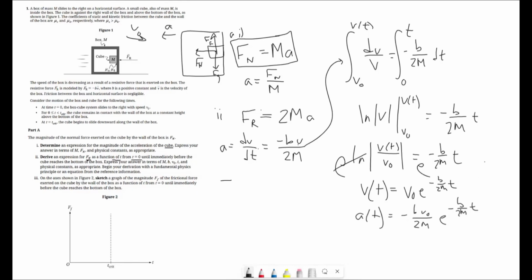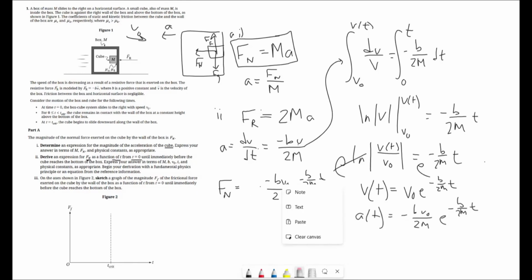So we can recognize F sub n equals m times a of t, so times negative b v sub 0 over 2m e to the negative b over 2m t. Simplifying that, the m's cancel. Just going to erase that here.